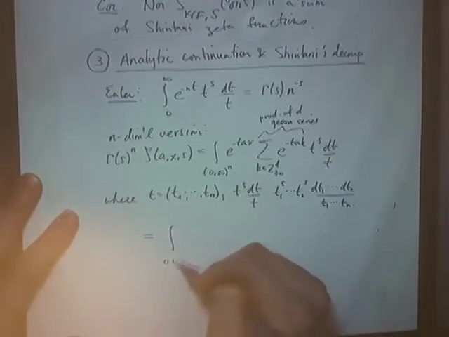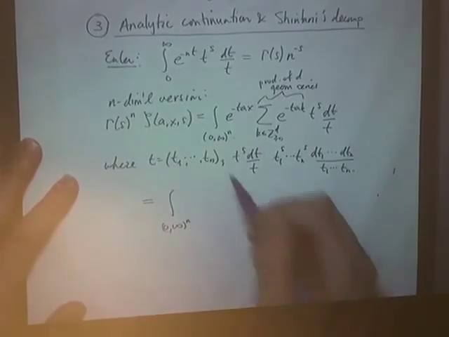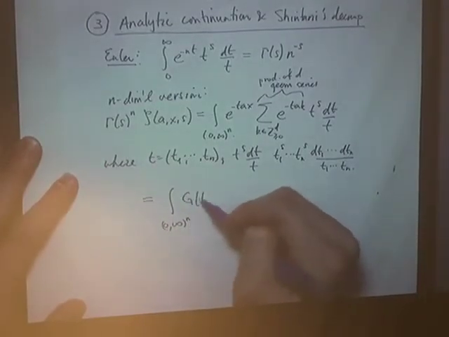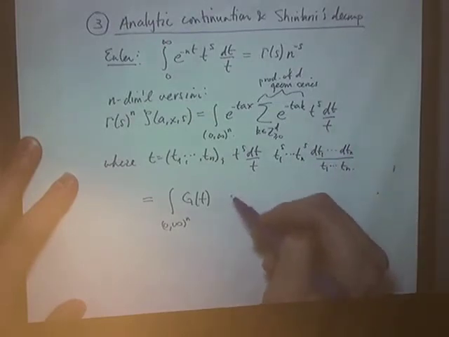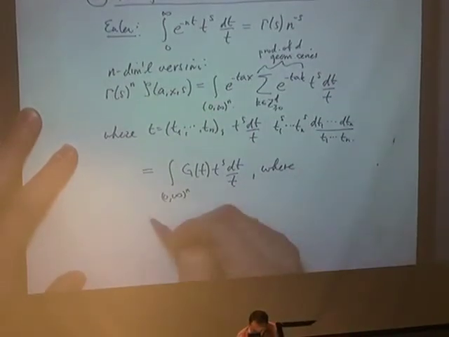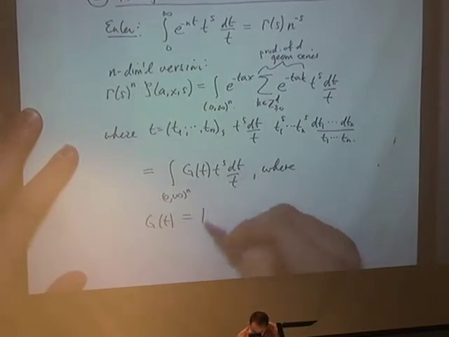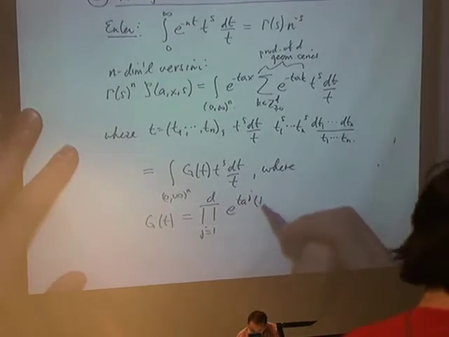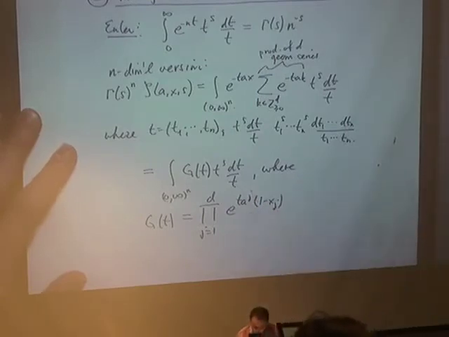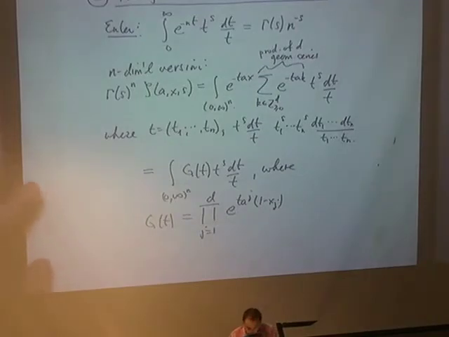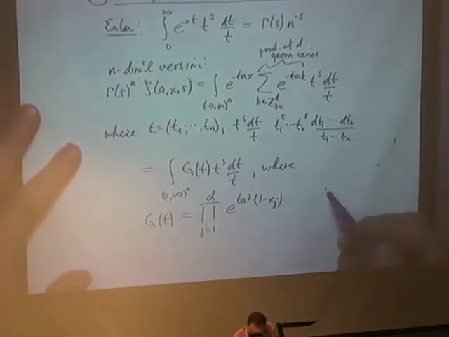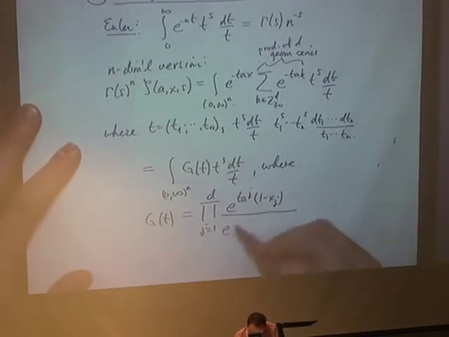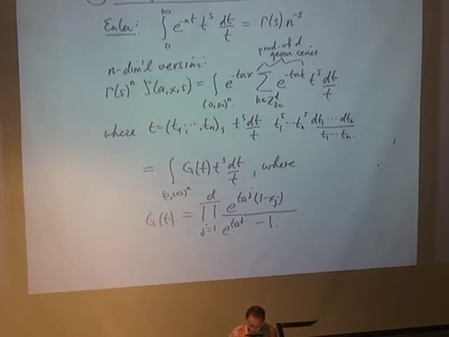So we'll have the integral from 0 to infinity, nth power of that interval, of a sum I'll call g of t, the sum of that creature, times t to the s dt over t, where g of t is the following expression: the product as j runs from 1 to d of e to the t a^j (1 minus xj), where a superscript j is the jth column of the matrix A, all divided by e to the t a^j minus 1. Okay, so that's what I get by summing the geometric series.